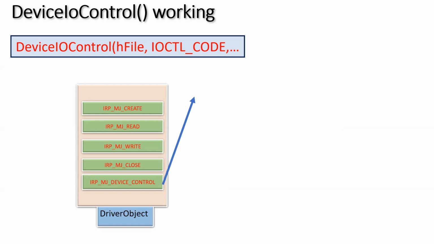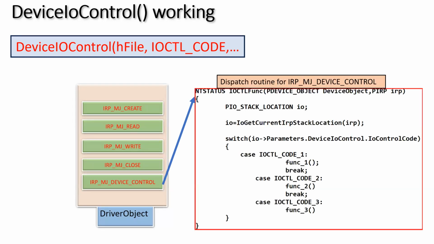Whenever this particular API is called, the function associated with IRP_MJ_DEVICE_CONTROL is invoked. So this is the function that is invoked.